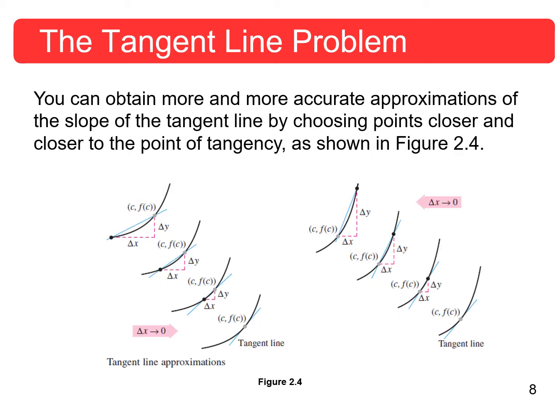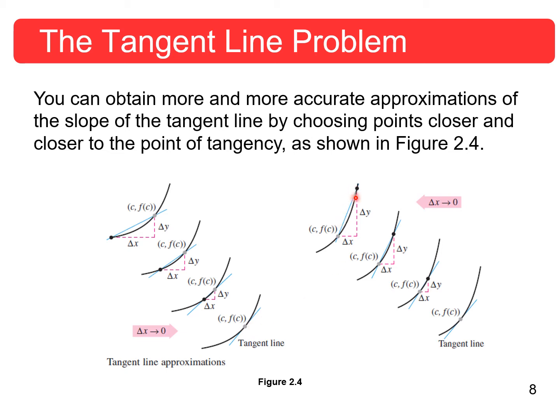Now you get a more and more accurate approximation of the slope of the tangent line by making this delta x close to 0, or making the second point very close to the point of tangency. So if you move this closer and closer to the point of tangency, or if you make your delta x go to 0, your secant line would eventually coincide with the tangent line.